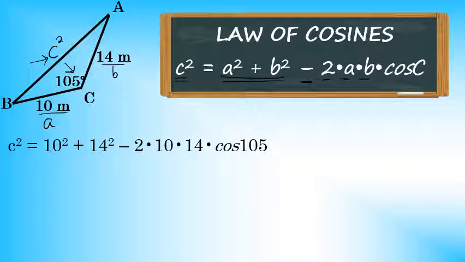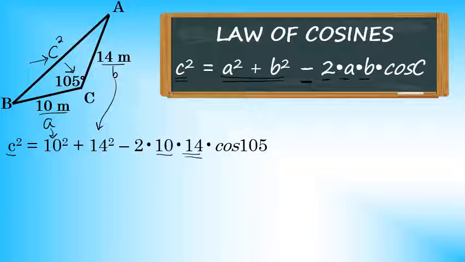Substituting the values in this problem into the law of cosines, we will get C squared equals A squared, 10 squared, plus B squared, 14 squared, minus 2 times A times B, 2 times 10 times 14, times the cosine of angle C, the cosine of 105.